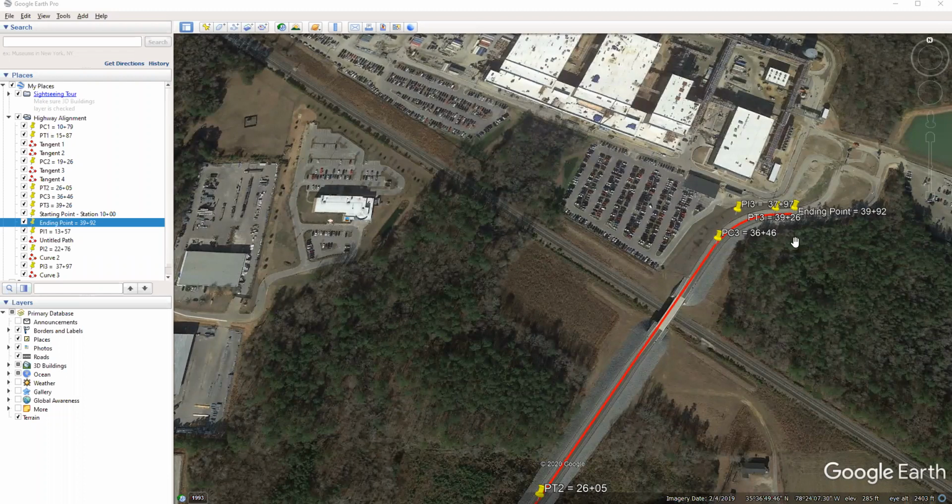So it's this incremental process. You've got to move from one curve to the next to establish the PI station, come back to establish the PC station using the tangent distance, and then moving along the curve, that length of curve to establish the PT, and then starting from that PT station, moving to your next PI or point of intersection to complete your horizontal alignment.